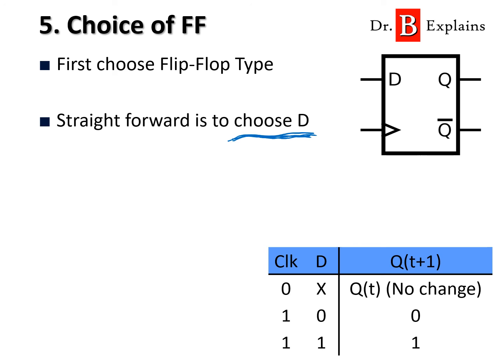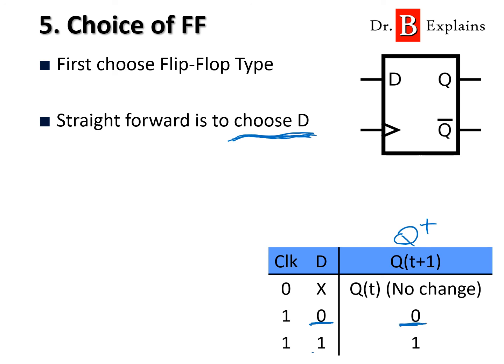Remember the behavior of the D flip-flop. I want you to go look at your notes, or you can go look at a previous video where we covered this, and look at the behavior of the D. If you remember, the output Q changes following the input value of D. So whenever I clock it, if I have a 0 at the D input, my Q plus, as I'm going to call it, is going to be a 0, right?